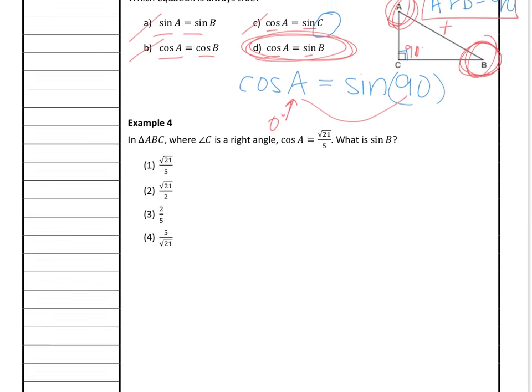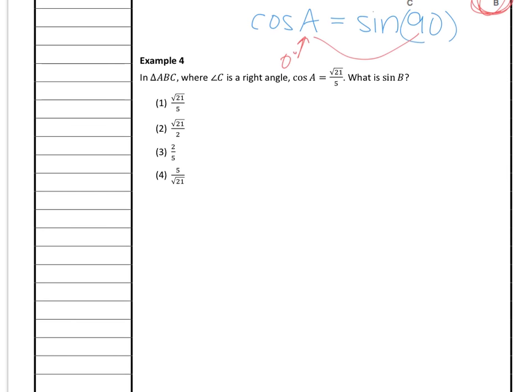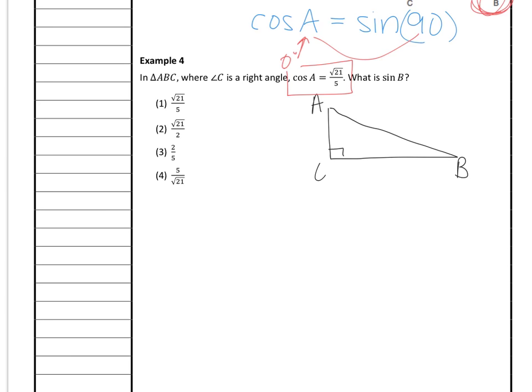Okay, one more Common Core question for you, and then you're on your own for practice. It says we have this triangle ABC where C is a right angle, so you may want to consider sketching it. C is a right angle, A and B are somewhere on here. We have the cosine of A is equal to square root 21 over 5. Now you know that from SOHCAHTOA, cosine is adjacent over hypotenuse.